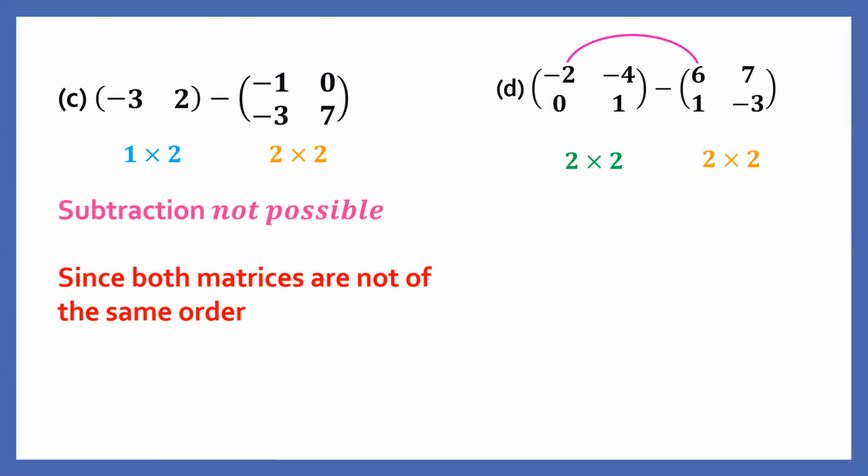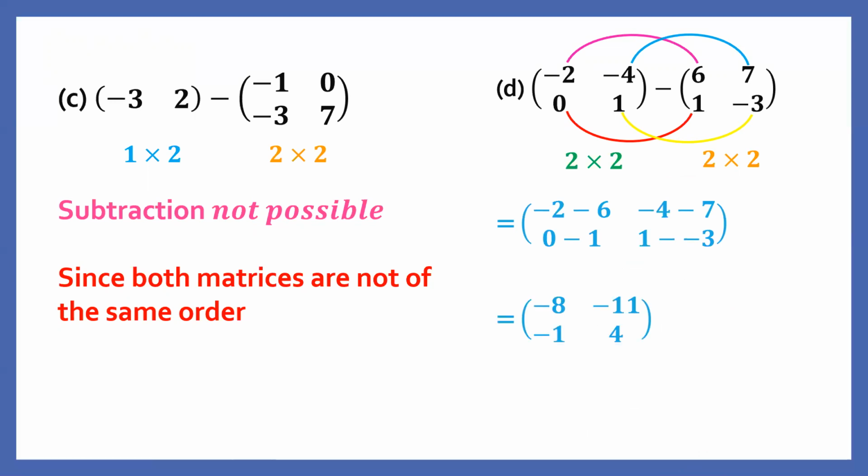And again, we are going to subtract corresponding entries, just as we have done before. So we will get -2 minus 6, -4 minus 7, 0 minus 1, and 1 minus -3, which will give us -8, -11, -1, and 4.